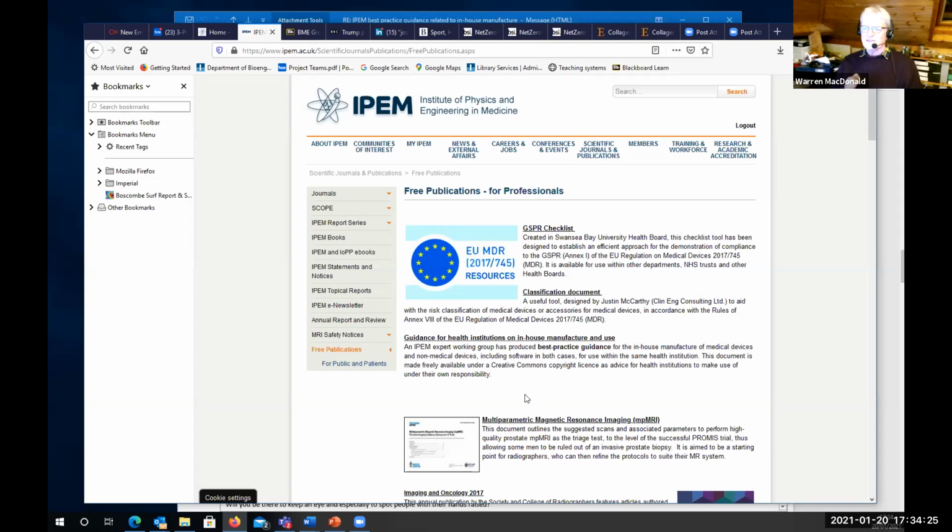And from what Matt was saying at the start of his talk, you will appreciate that medical devices can mean software, or it might mean actual physical devices, but it can also include software. And in fact, the guidance also is relevant to non-medical devices. Now, this guidance is freely accessible for everybody, and it refers to this issue of software as a medical device. And so I want to point you to that.